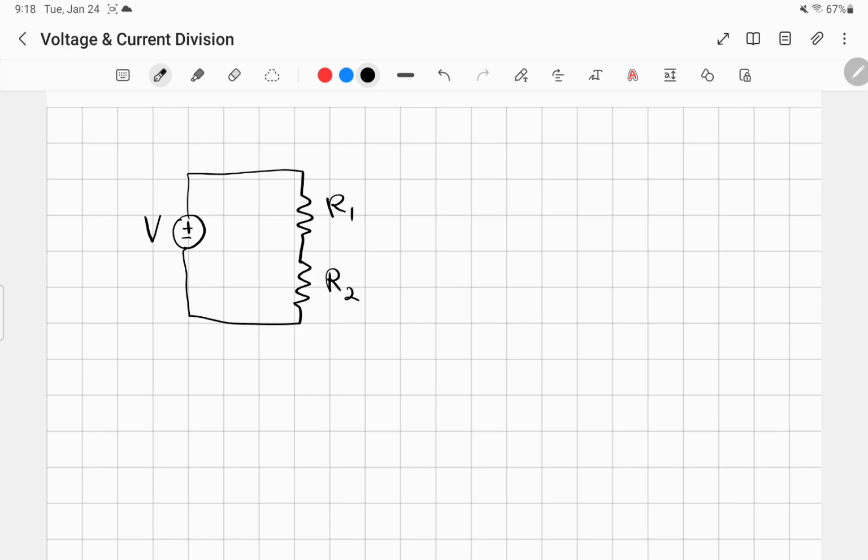The water molecule in our analogy is flowing at a height of 10 volts, or 10 meters, and then it flows through R1, and now it's at a lower height. We'll figure out how to quantify this exactly depending on the resistance values, but let's say it's at 5 meters, and then it goes through and reaches an even lower height. Now it's at 0, at ground. So in this case, the voltages across these two resistors are not equal, and they're in series. What we have is a voltage divider. This is a voltage dividing circuit.